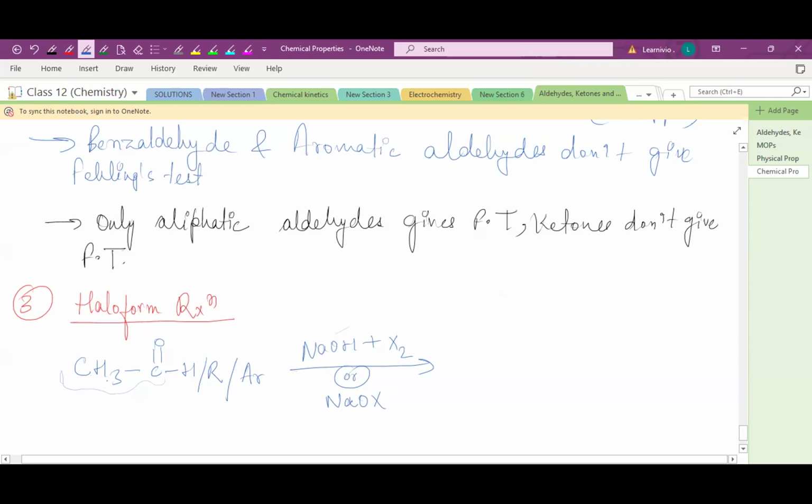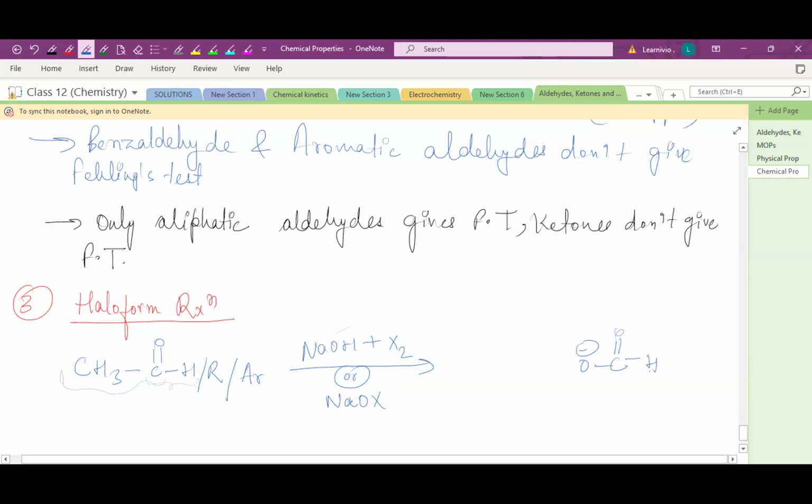So when this CH3CHO group is treated with sodium hydroxide plus halogen, what happens? Basically, this CHO group gets oxidized to the corresponding carboxylic acid, so it will form HCOOH, formic acid.